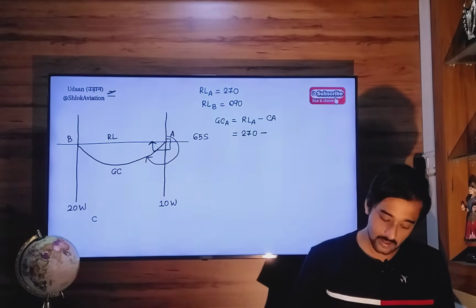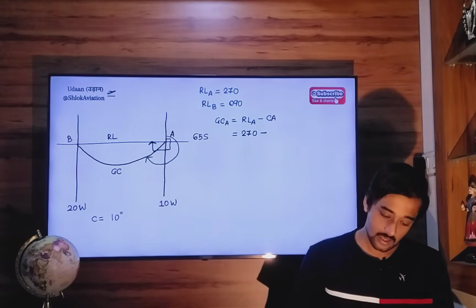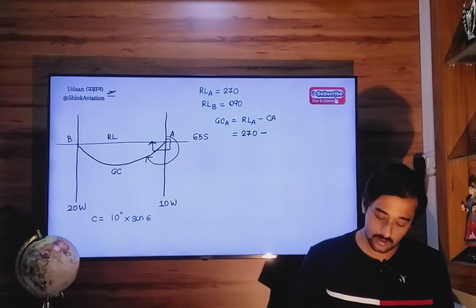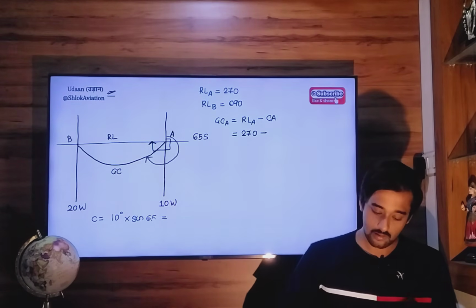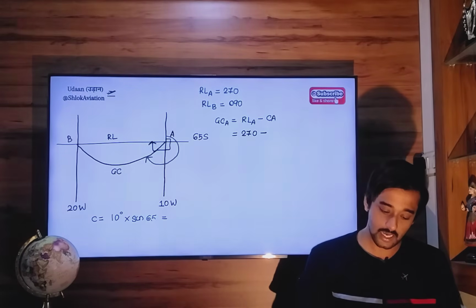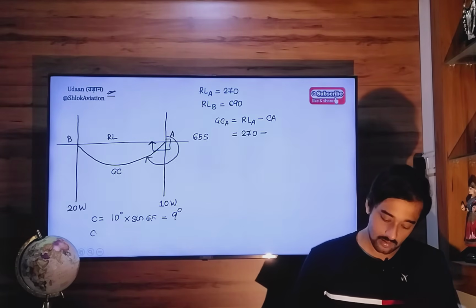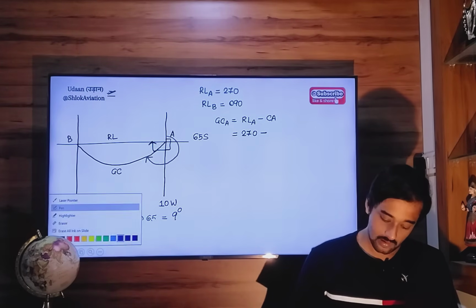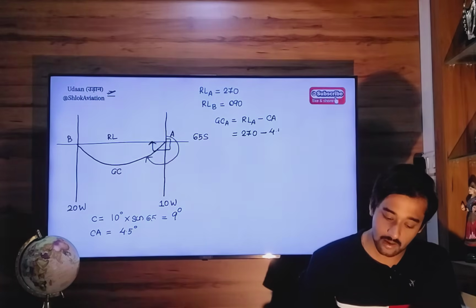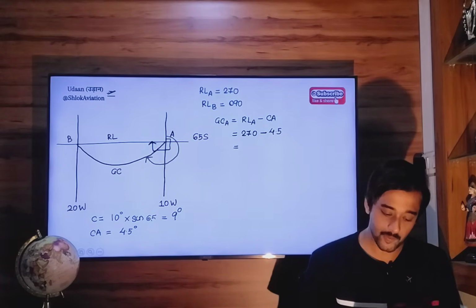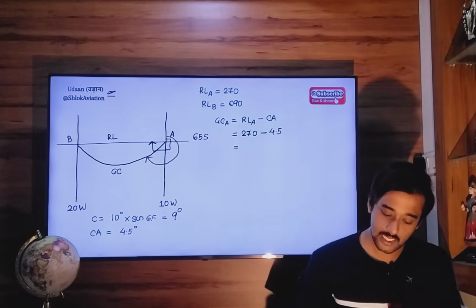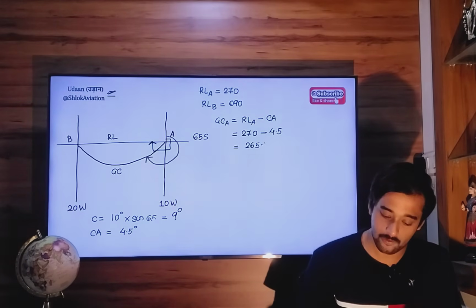Convergency here is 10 degrees into sine 65. Sine 65 into 10, 9 degrees 3 minutes. So convergency angle equals 4.5. 270 minus 4.5 is equal to 265.5.